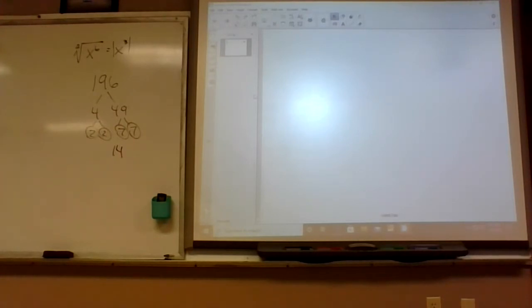Like number 3, you have to plug that in your calculator. Straight there, see where it says x root. So you have to hit the root first, and then plug in the number.